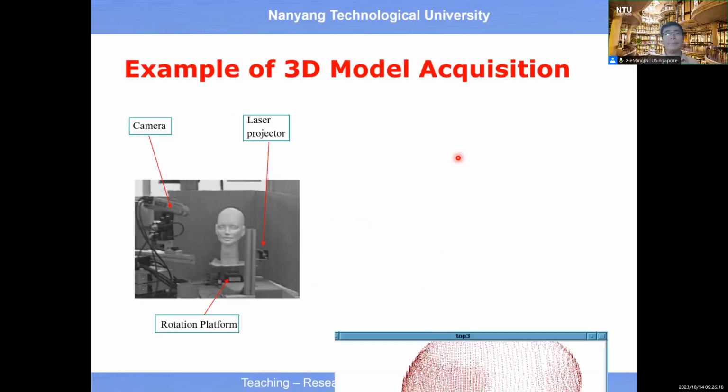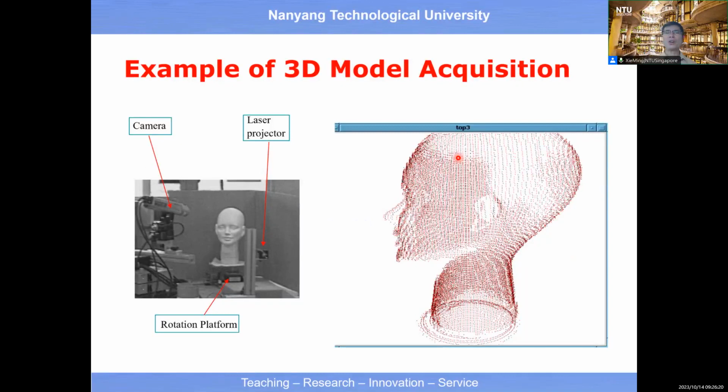Then for 3D model acquisition, this slide explains the hardware setup and the output from the system. We have a camera, a laser projector, a rotating table, and an object.